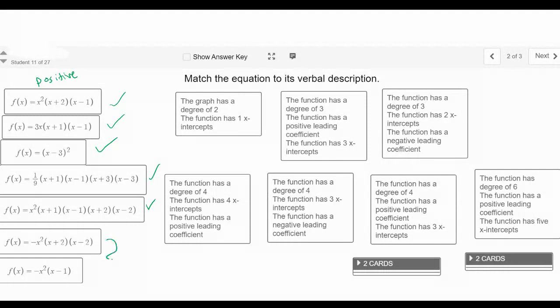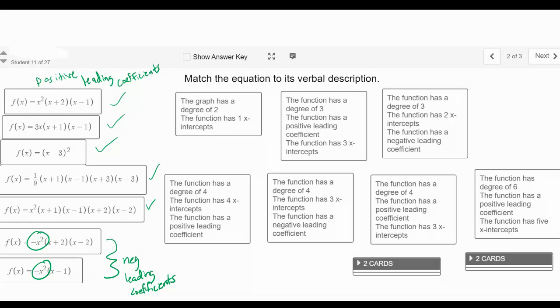And if you look at these two, there's a negative leading coefficient. So that's how I set these up. See, it has the negative in front. These all have positive in front. So that's how I set mine up. Doesn't matter which order, except some are the positives and some are the negatives.